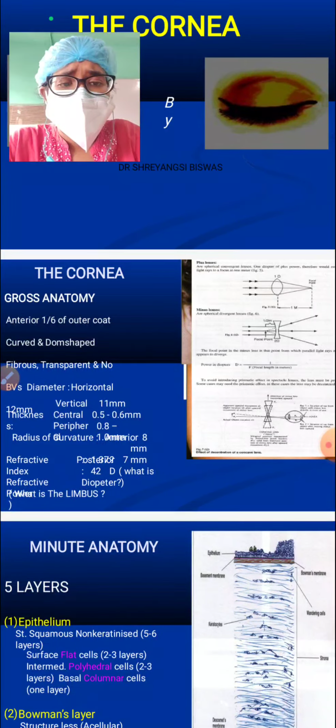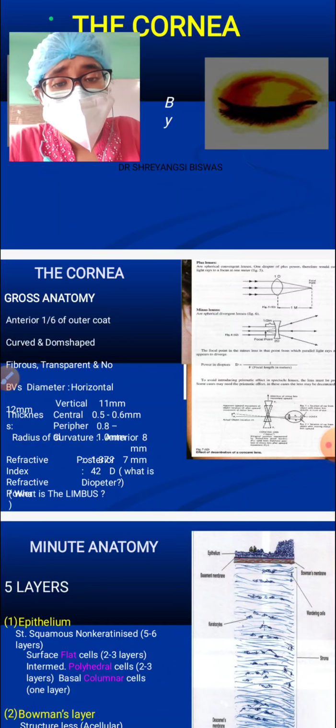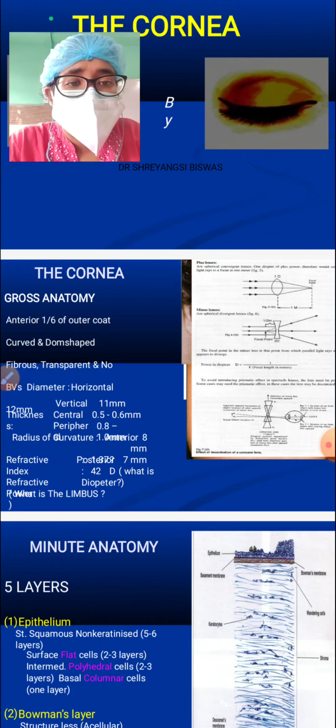But before that, what is most important is that it comprises 45 diopters of the refractive system of our eyeball. The total refractive power of the eyeball is 60 diopters. Out of that, 45 diopters comes from the cornea.